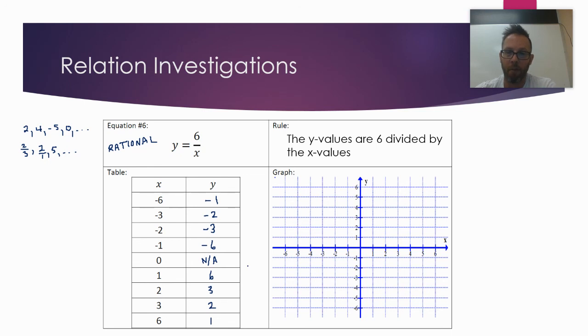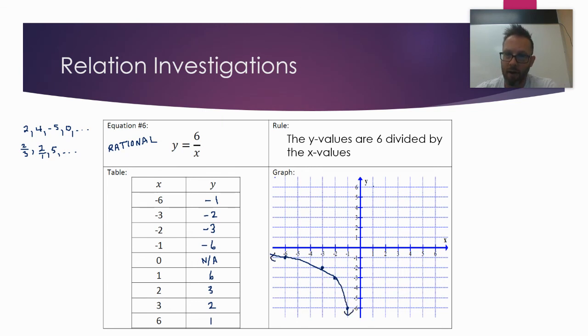So if we plot these points, we get a really cool looking graph. (-6, -1), (-3, -2), (-2, -3), and (-1, -6). And if we connect those points, it kind of looks like this.